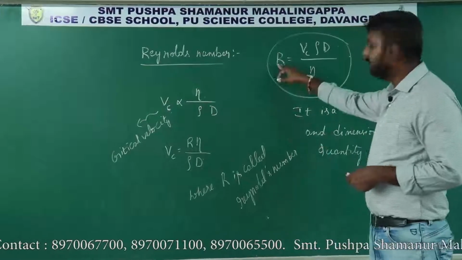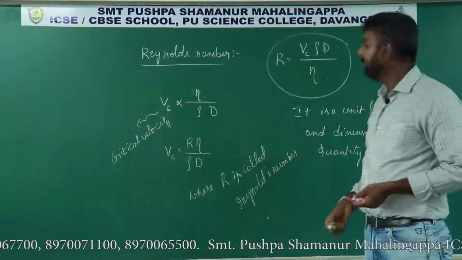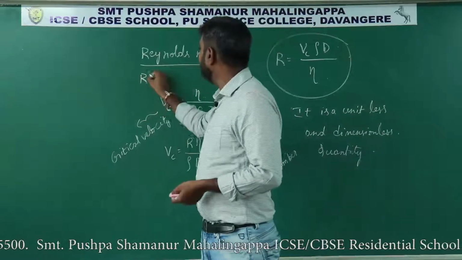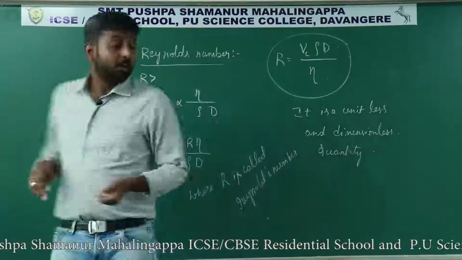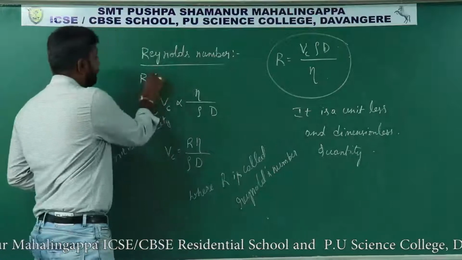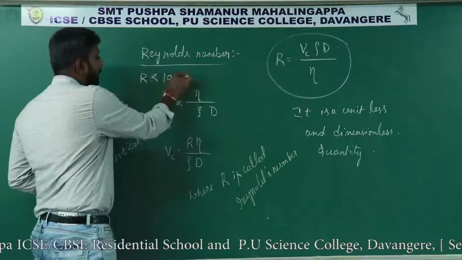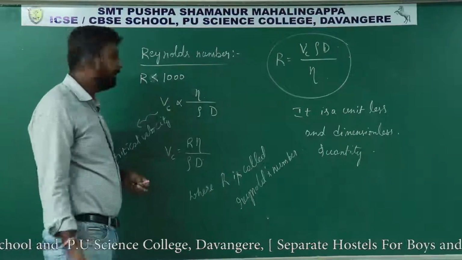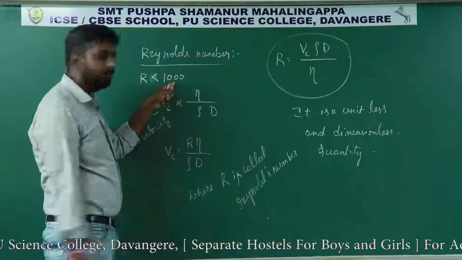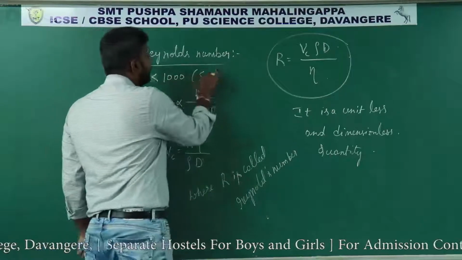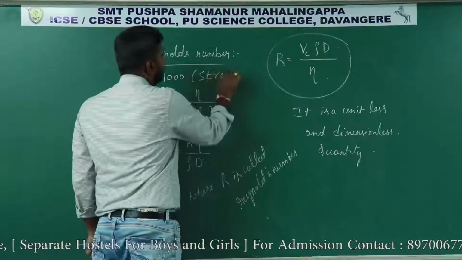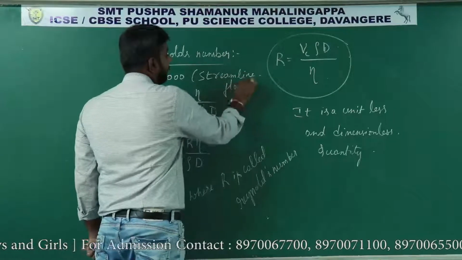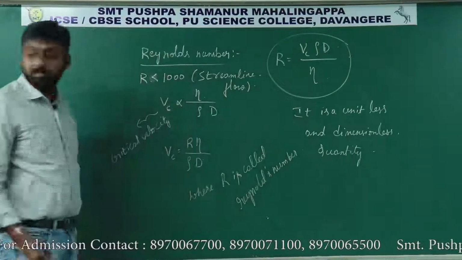This Reynolds number is just a numerical value, and according to it, if the Reynolds number is less than 1000, after substituting all the values, if that final value is less than 1000, then we can consider the flow to be streamline flow.